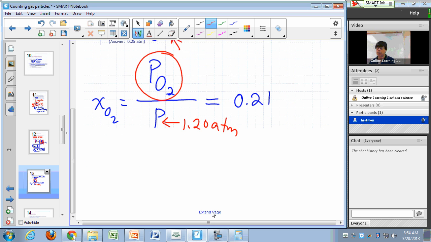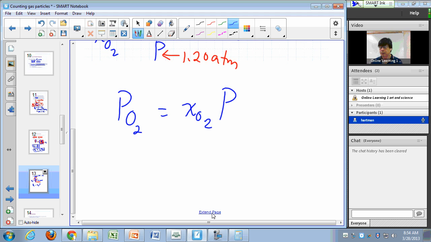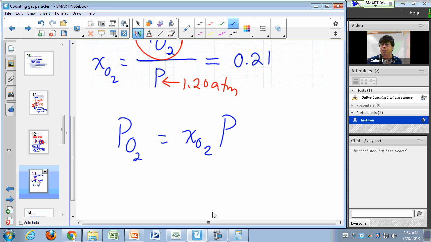Or I can write it this way. Partial pressure of O2 is mole fraction of O2 times the total pressure. I'm just rearranging this equation. I multiply mole fraction of O2 times the pressure, and that gets the partial pressure of O2.